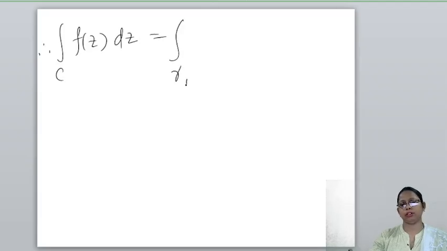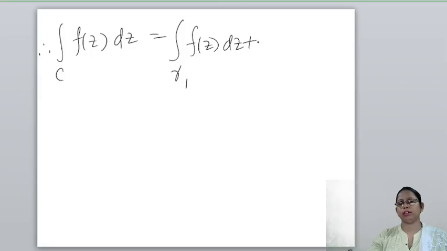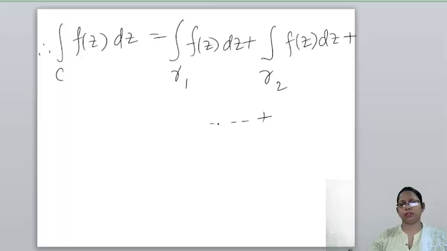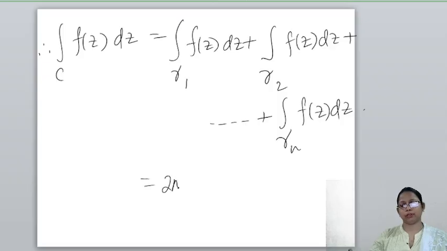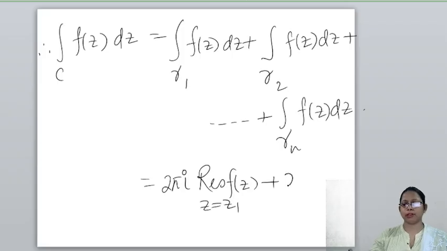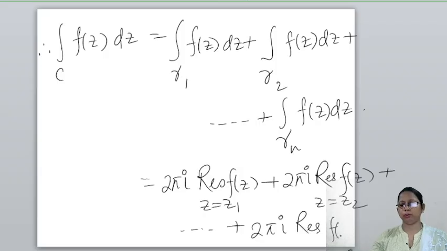Therefore, the integral over gamma 1 of f(z) dz plus the integral over gamma 2 of f(z) dz, up to the integral over gamma n of f(z) dz, is equal to 2 pi i residue of f(z) at z equal to z1 plus 2 pi i residue of f(z) at z equal to z2 plus and so on, plus 2 pi i residue of f(z) at z equal to zn.